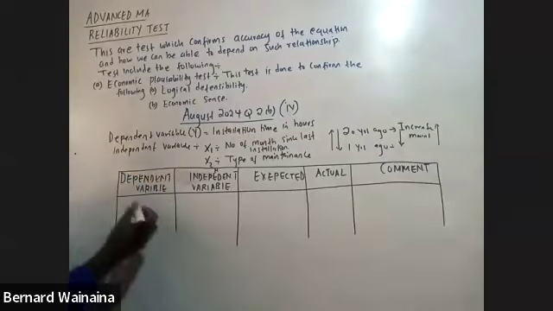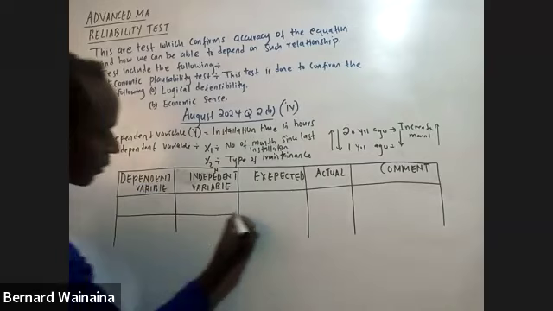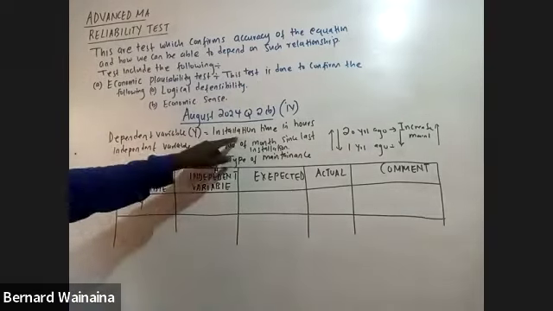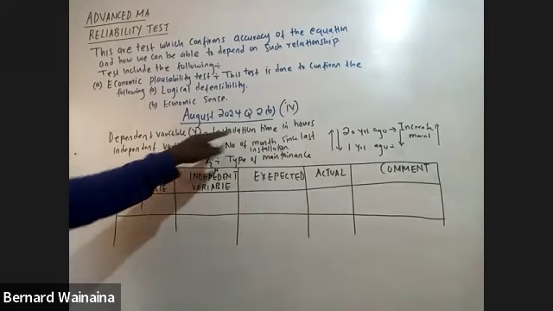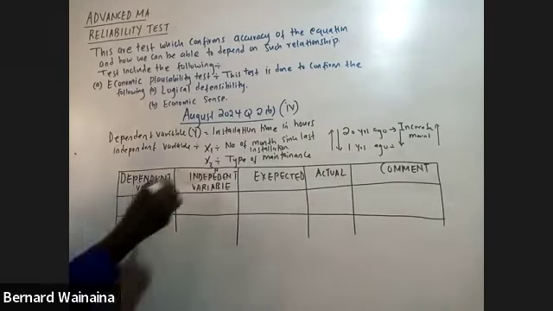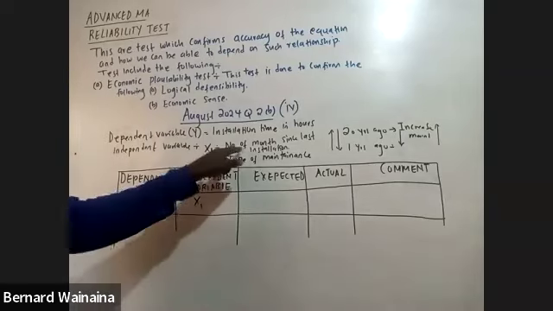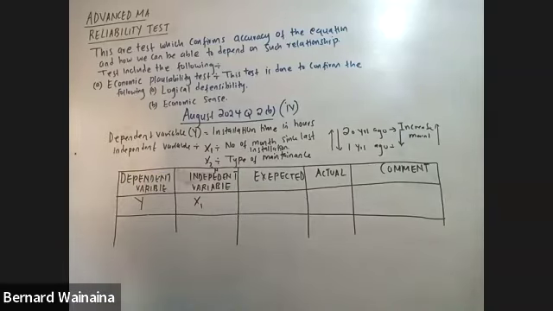Now, in this case, we have only 3 variables. The first one, the dependent variable, is just one. We have y, which is installation time. Independent, we have x1, which is the number of months since last installation.